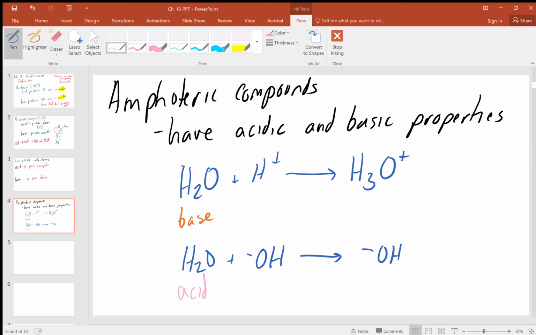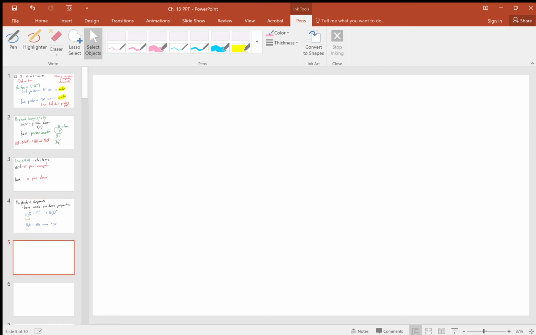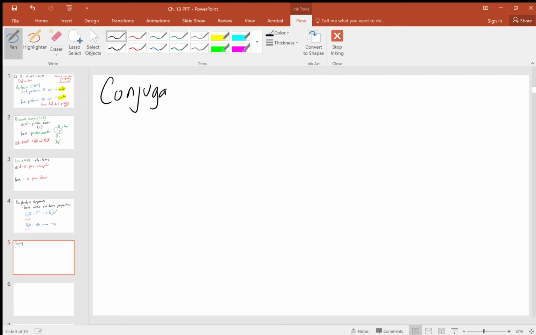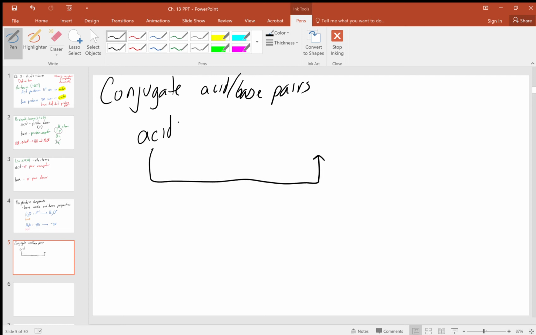Now, for every acid-base reaction, we can talk about what are known as conjugate acid-base pairs. So what this means is we have an acid which is going to react with a base.